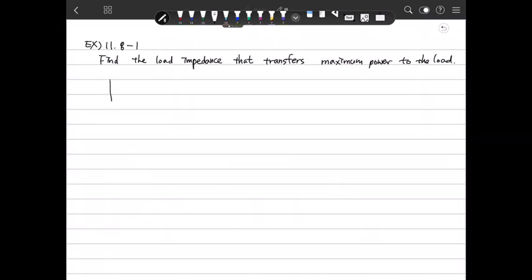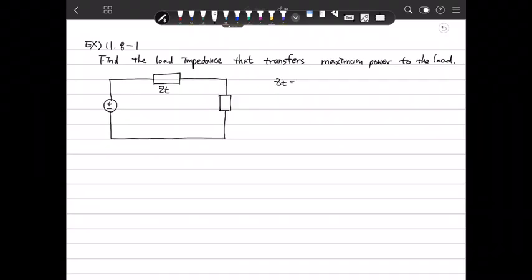So we have a source here, and this is some impedance in the transmission lines, and we have a load here. The transmission impedance is 5 minus j6, and this is a load impedance ZL, and the source is 10 at 0 degrees.